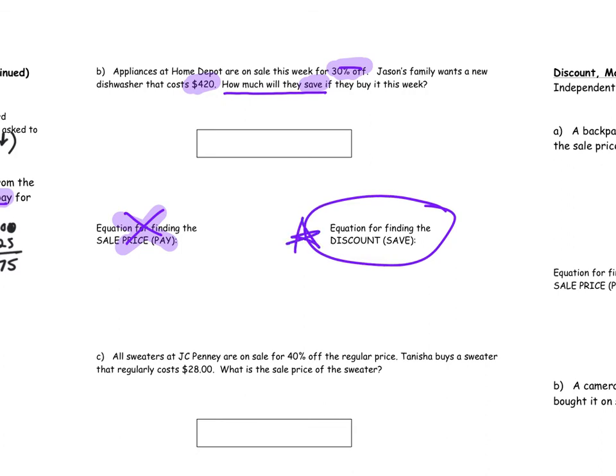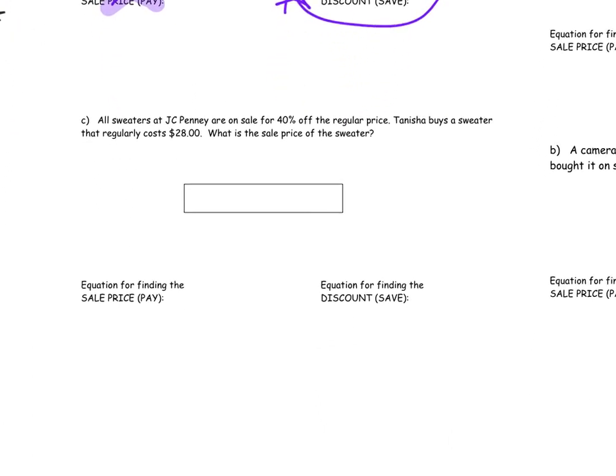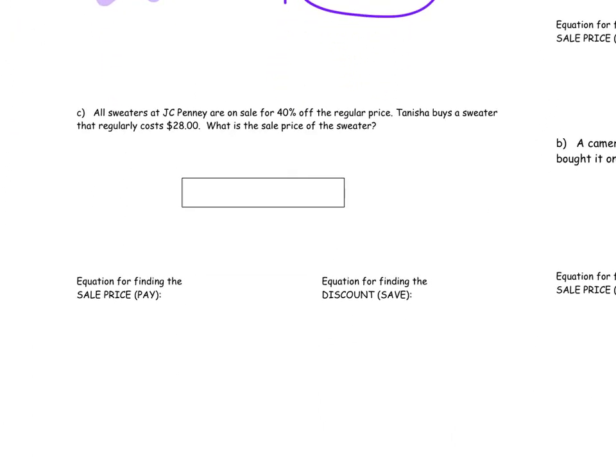So you don't have to do both. In order to answer the question, you only need this one. Let's look down at C. Let's read through that again, see what they're asking us to do. It says all sweaters at JCPenney are on sale for 40% off the regular price. Tanisha buys a sweater that regularly costs $28. What is the sale price of the sweater? So once again, we're going to look at what they give us. They give us 40% off the regular price. The regular price is $28.